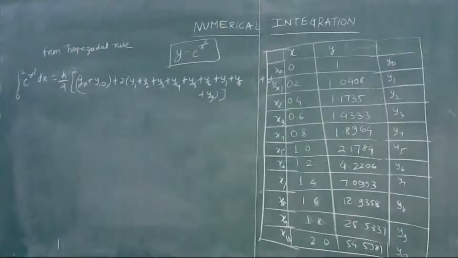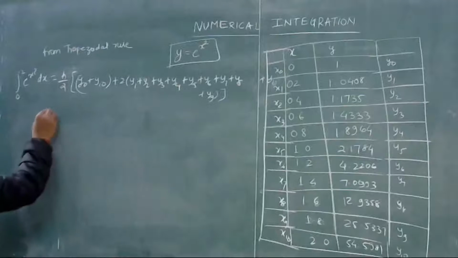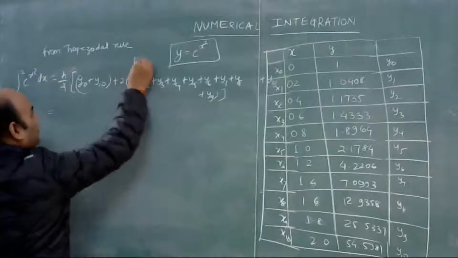Okay, so this is by trapezoidal rule. So the value of h is 0.2.